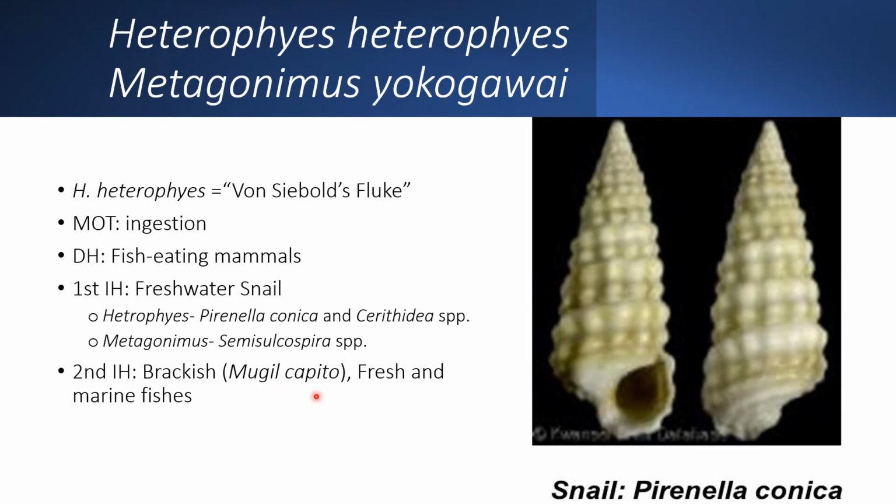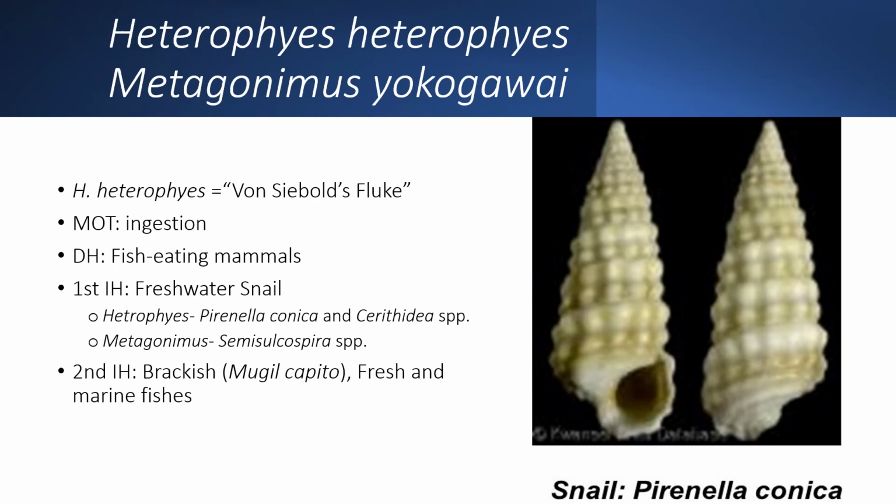You can also acquire it by eating fresh and marine or saltwater fish. For its first intermediate host, freshwater snail, for Heterophyes it is Pirenella conica and Cerithidea species. For Metagonimus, we have Semisulcospira species.